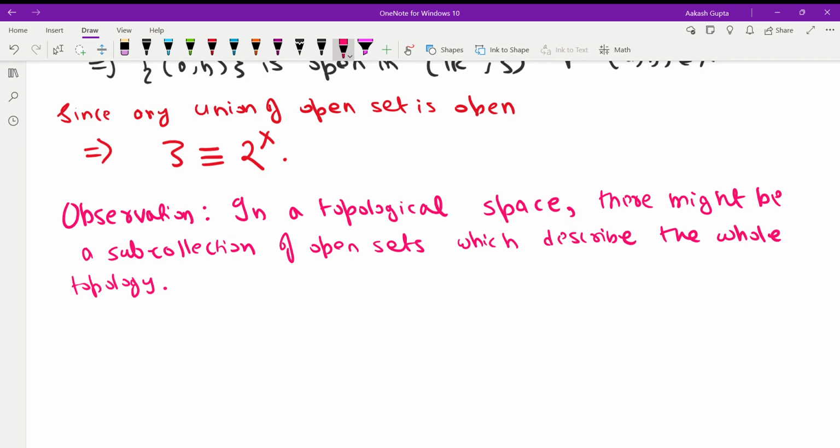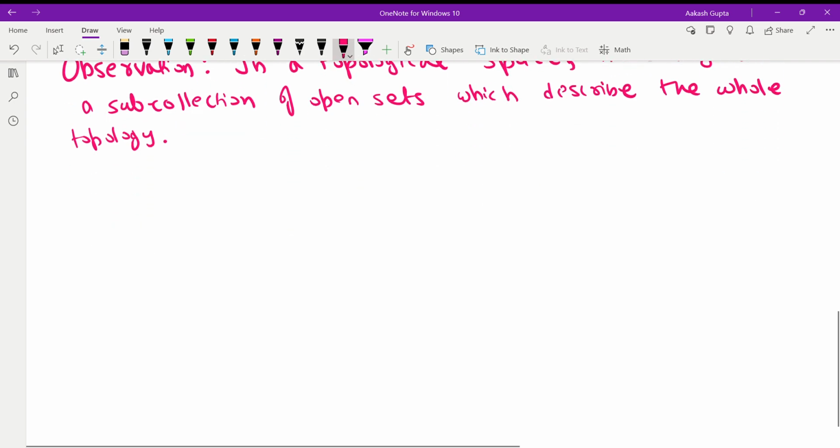So let us now, with this motivation, let me finally define what we mean by a basis of a topological space. Definition.